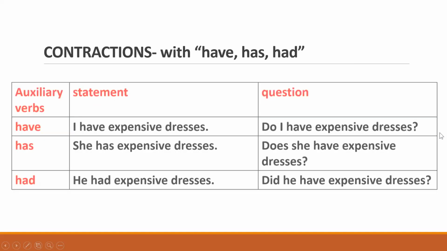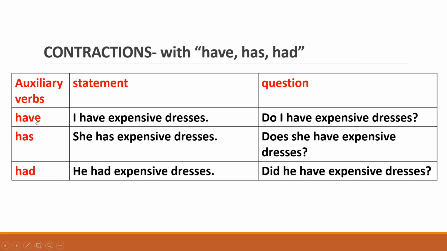Let's move on to have, has, and had. Have. I have expensive dresses. So the do verb appears even here. If you see, we have the do verb in the question in all the places, because again, the do verb stands in when it comes to negative and question format for the main verbs, have verb and do verb, because we cannot make a negative format or a question format with these main verbs.